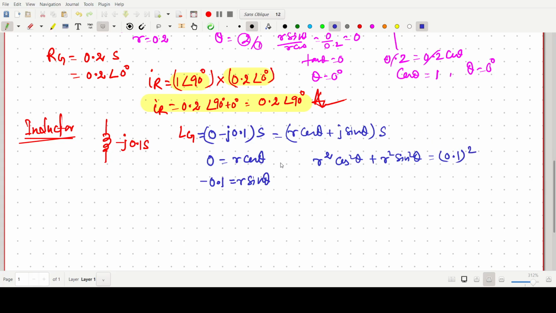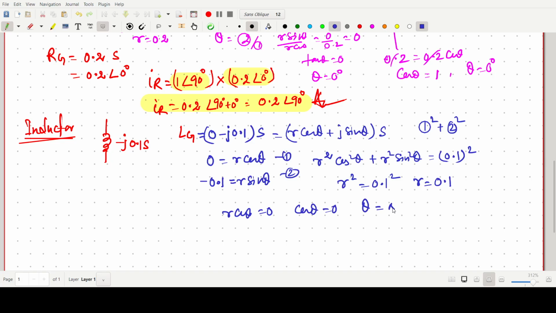I am again saying 1 and 2: what we are doing, 1 square plus 2 square, adding these two equations. So simply r value will be 0.1. Now the angle we have to write. r cos theta equals 0, r is 0.1, so cos theta is 0, so theta will be 90 degree.